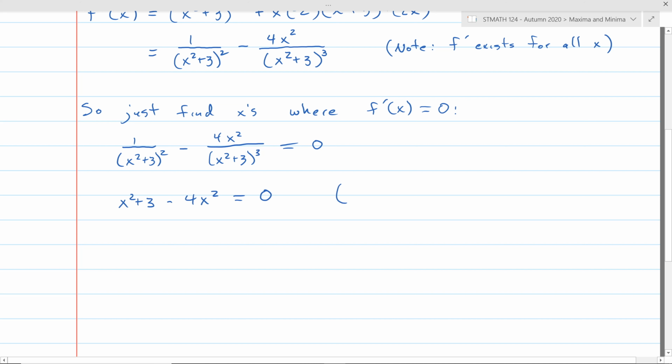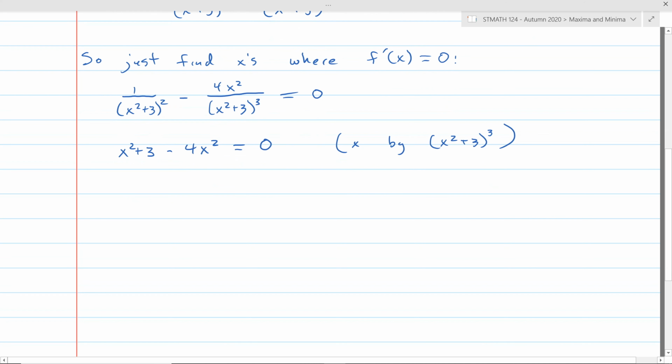So here I just multiplied by (x squared plus 3) to the third power. And then that becomes, looks like, negative 3x squared plus 3 equals 0. And if I subtract 3 from both sides, divide by negative 3, I end up with x equals plus or minus 1. So those are my critical points.